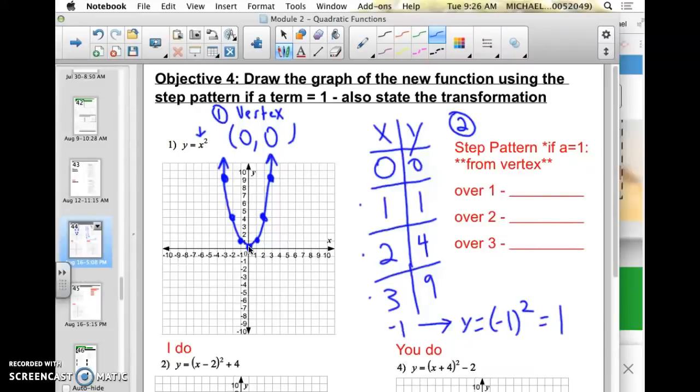Now, the step pattern then, that we're going to use to help remember how to draw these things very quickly. We're going to base it off of what each dot has done in reference to the last one. So if we start here, at the vertex, we're going to go over 1, and then, I'll use a different color, we traveled over 1, and then we traveled up 1.